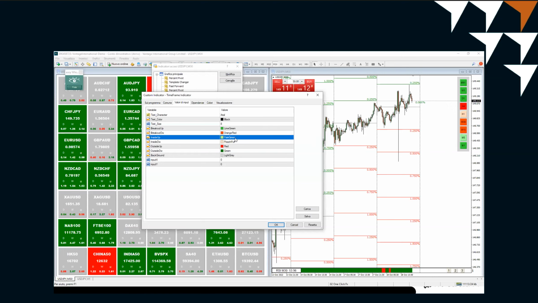Then you have the light colors, pale green and peach puff, which tell you that the candle is simply green, so the price is above the open, and red, price below the open.